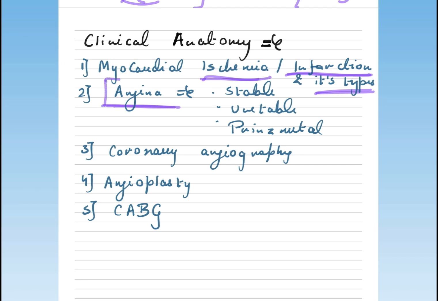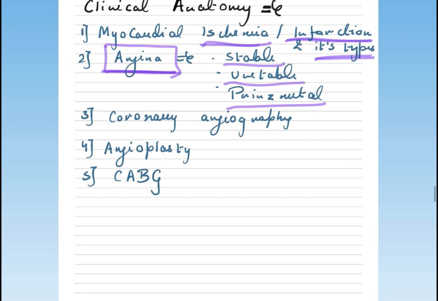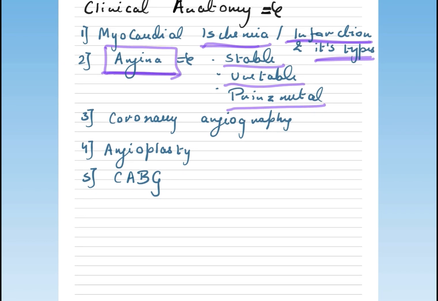Then angina. There are three kinds of angina: stable angina, unstable angina, and Prinzmetal angina. This depends upon the level of blockage which occurs in the coronary arteries. Then there is an investigation known as coronary angiography, which can tell us about the number of coronary arteries blocked, the site of coronary artery blockages, etc. Then for removing the thrombus, we undergo a procedure like angioplasty.